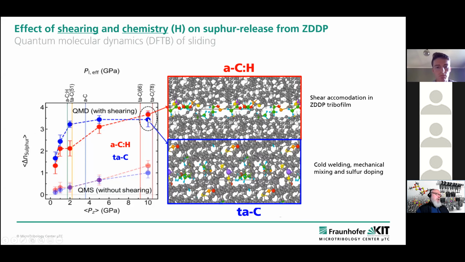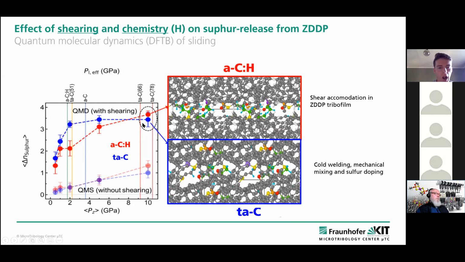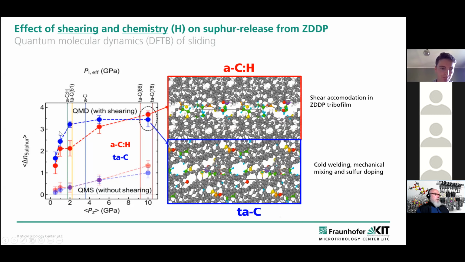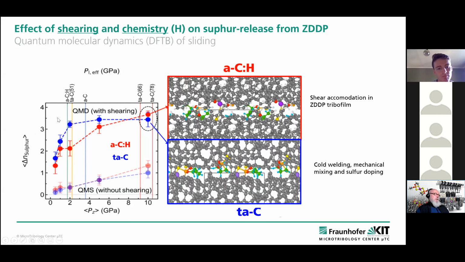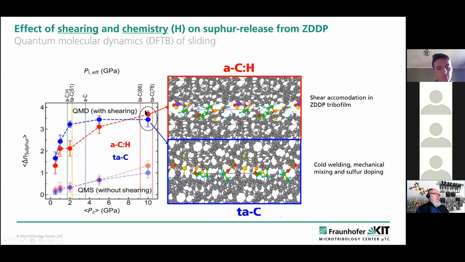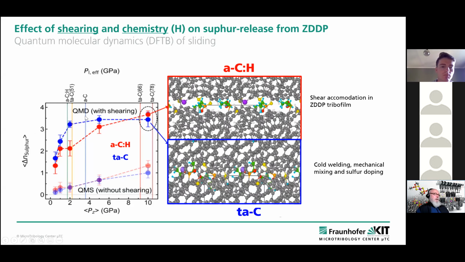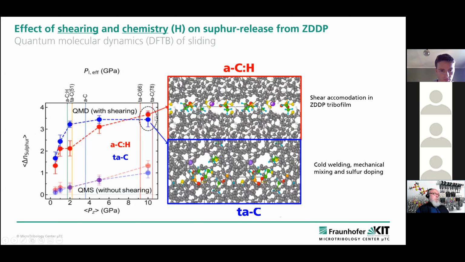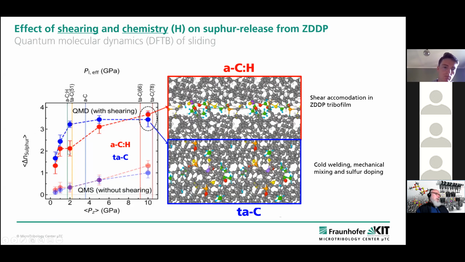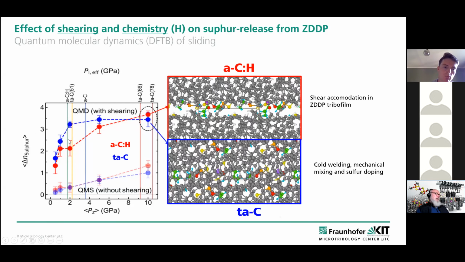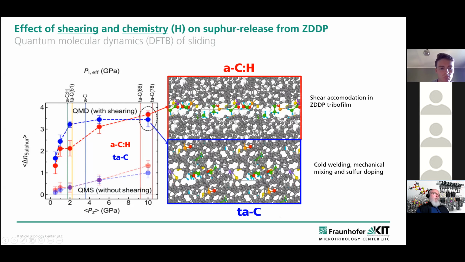And you see, shearing has a big influence on this number. And in addition, also the trend with pressure almost vanishes. So the hard and the soft coatings get almost the same number of atoms. There is a little bit of a difference between ACH and TAC, but I think this could also be a statistical fluctuation. These are 0.2 nanoseconds.